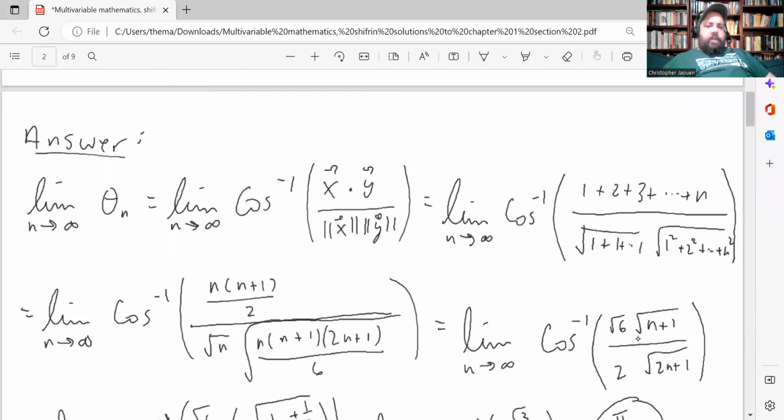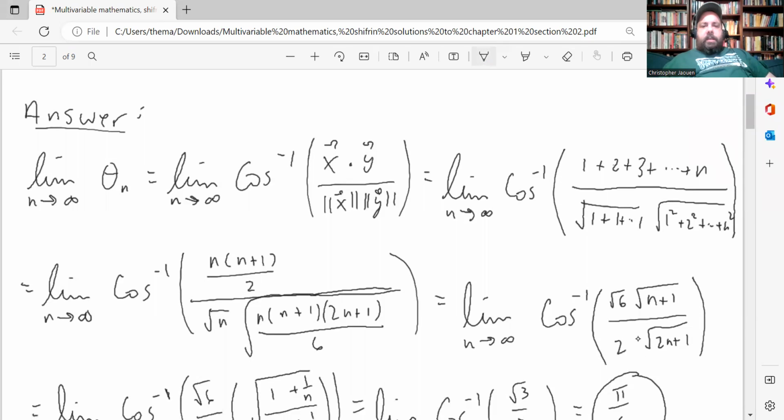So here's my answer. Take the limit as n goes to infinity of theta_n. By the formula length of x times length of y times cosine theta equals x dot y, which was a formula that we derived in section 2 in chapter 1 of Shifrin, I solved for theta.